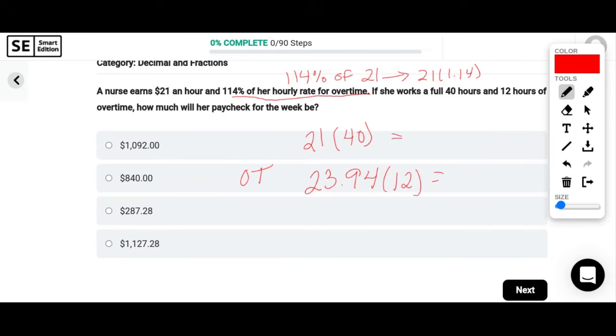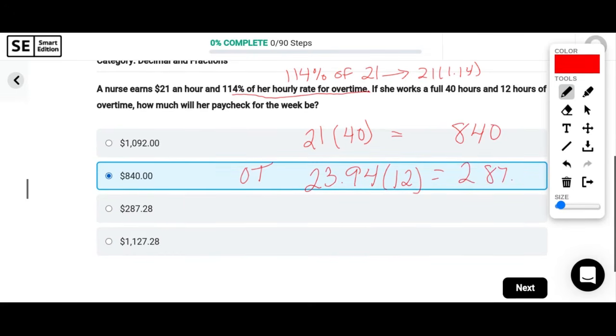So let's see how much she made. I'm going to start with her regular hours. 21 times 40 is $840. And then her overtime, $23.94 times 12 gives her $287.28.